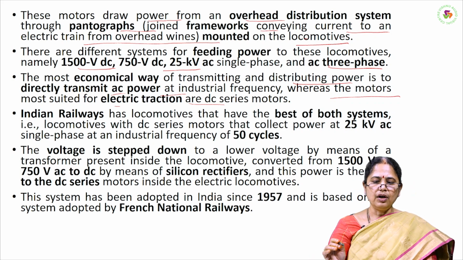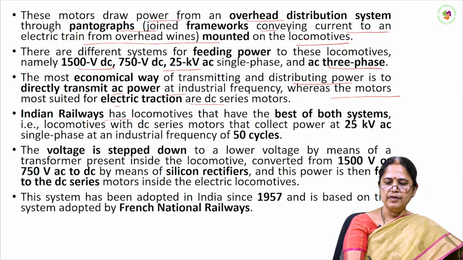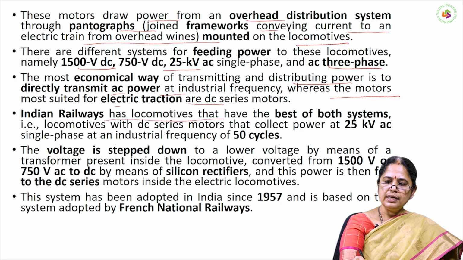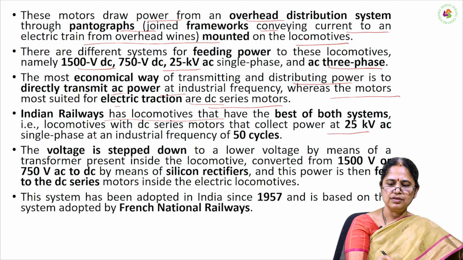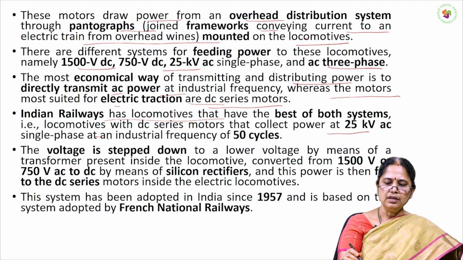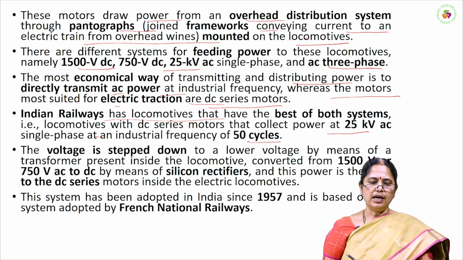So in Indian Railways we recommend DC series motors with AC power at 25 kilovolts single phase, which has the industrial frequency of 50 cycles.